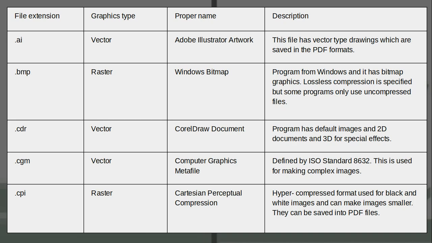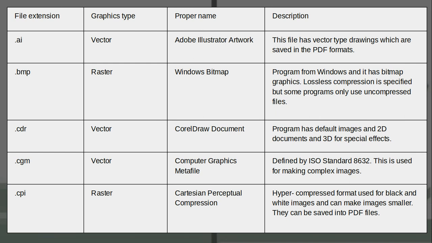So here, the first column is file extension, the second column is graphics type, the third column is proper name, and the fourth is description. So .ai is type vector, and the proper name is Adobe Illustrator artwork.